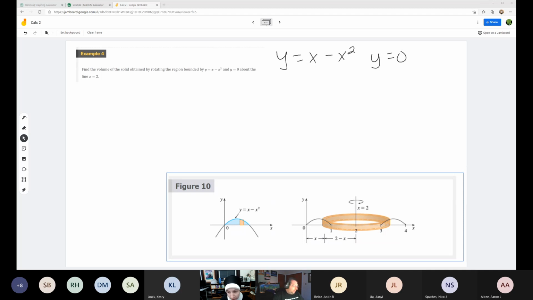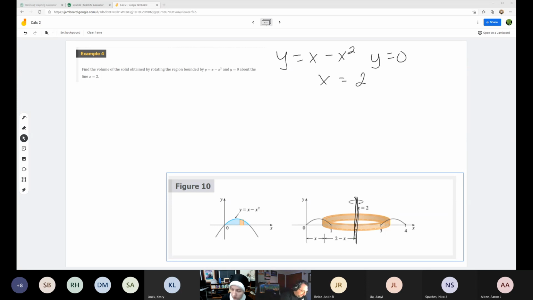The homework's actually right in the book, I'll show you in a minute after I'm done with this problem. And we're rotating this around x equals 2. So this is going to be my rotation point, right in the middle there.